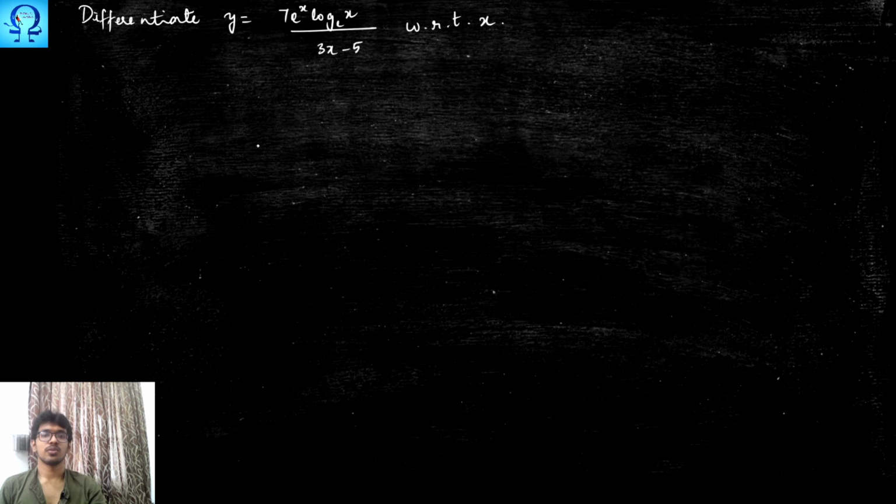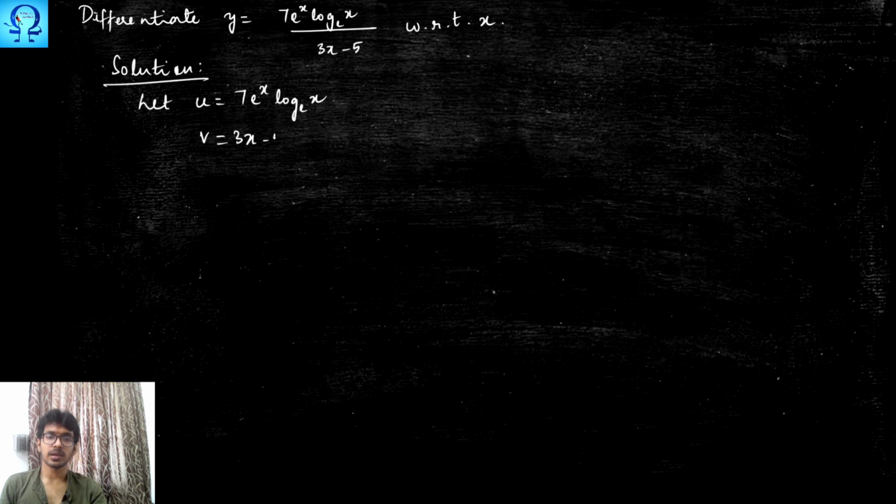So here, what are we supposed to do? We'll take the numerator as u and the denominator as v. Let u is equal to 7 e power x log x and v as 3x minus 5. Actually, I must write these as u of x and v of x.